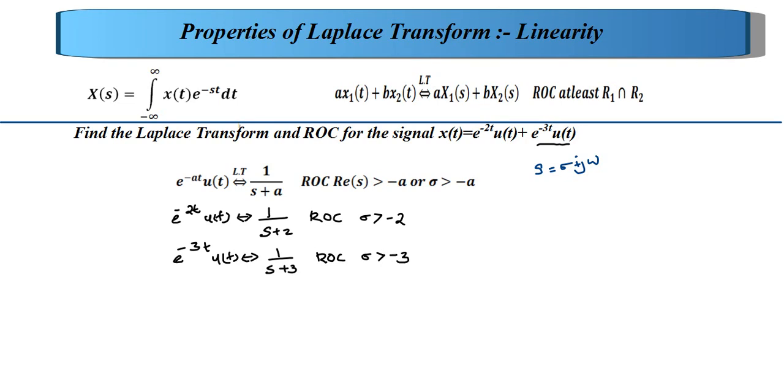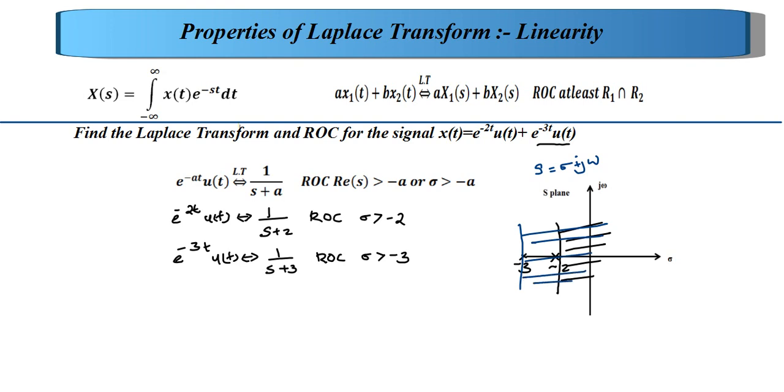And we can verify whether there is a common area for these signals. Here there is one pole at minus 2 and one pole at minus 3. For the first signal the ROC is sigma greater than minus 2, meaning towards the right. And for the second signal the ROC is sigma greater than minus 3. So if we combine these two signals, there is a common area, starting from sigma greater than minus 2.